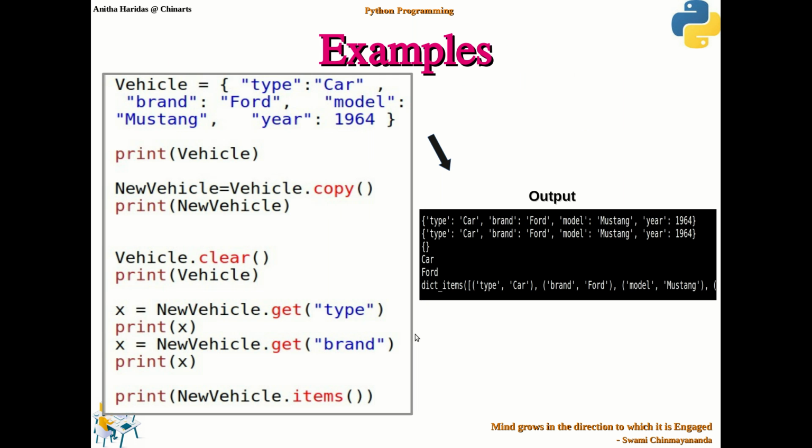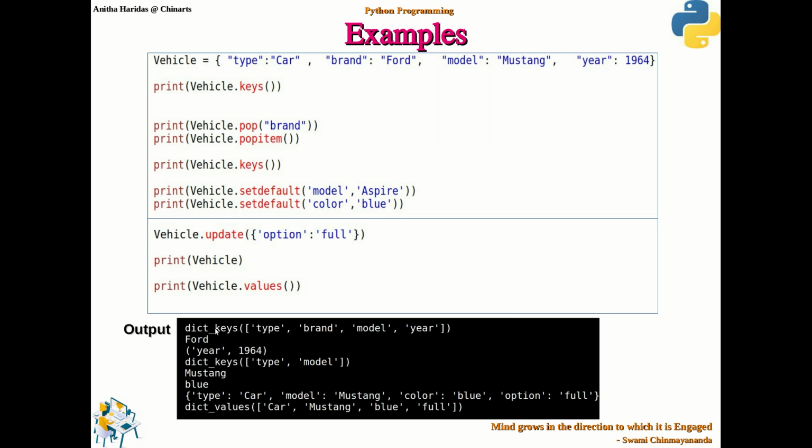In our earlier example, when I gave items, it gives you key and value pairs, but here the keys method will return only the keys. So you can observe only the keys are returned here: type, brand, model, year. Okay, so when I say pop and I give an argument brand, that means the key with name brand will be removed from the dictionary.